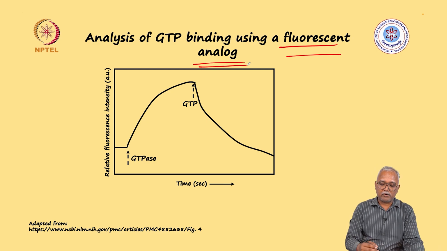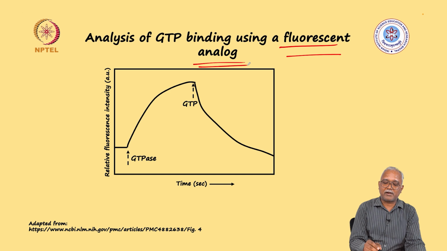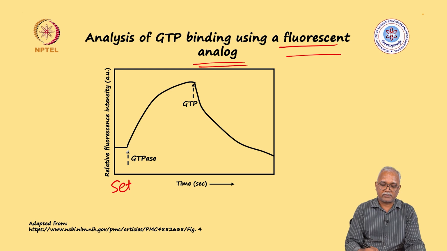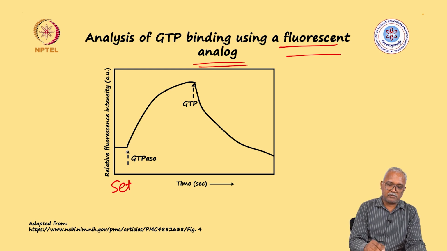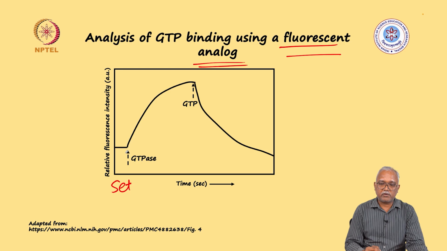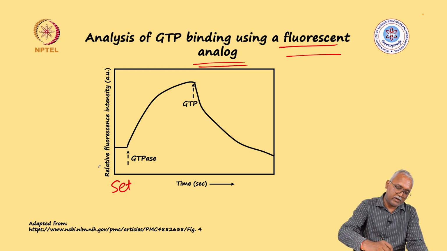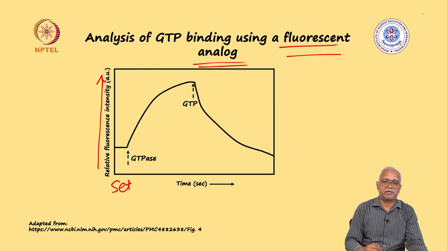So think about a situation where you start an experiment with the GTPase. When you have set the reaction and allowed it to incubate for some time, you then add GTP. What will the GTPase do? It will hydrolyze GTP. What you are measuring here is relative fluorescence intensity.